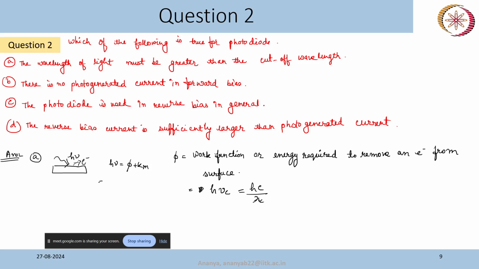So in this expression also we can write hc by lambda is equal to hc by lambda c plus Km. Now here lambda is the wavelength of the incident photon, and lambda c is the critical wavelength or cutoff wavelength.